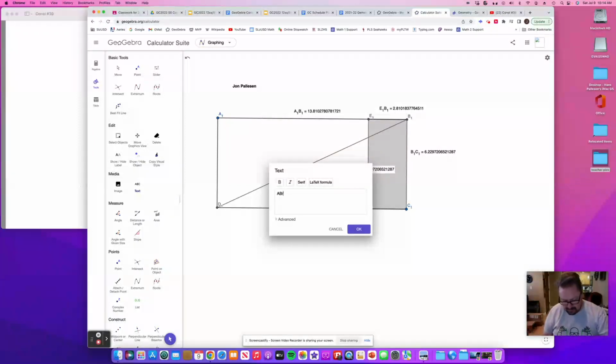AB over BC is 13.8103 over 6.2297, which is 2.217.